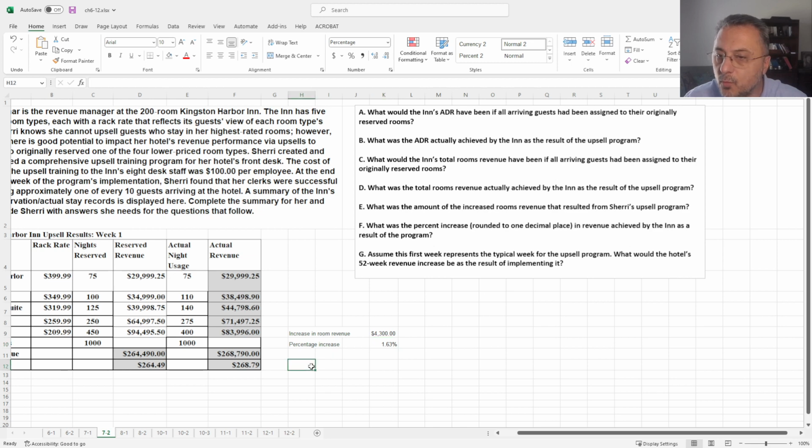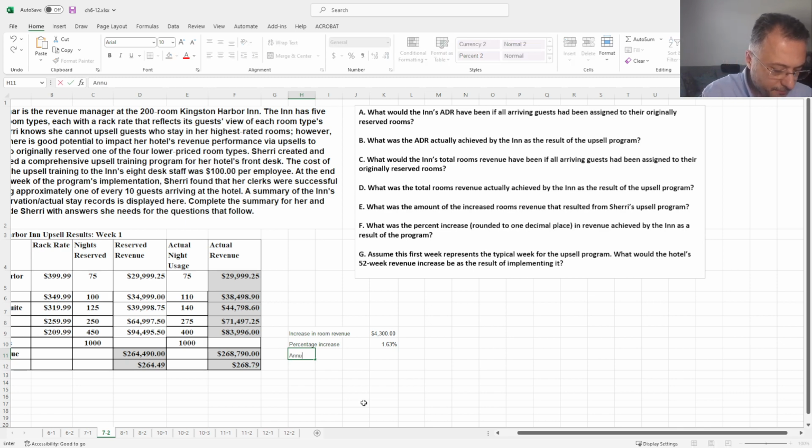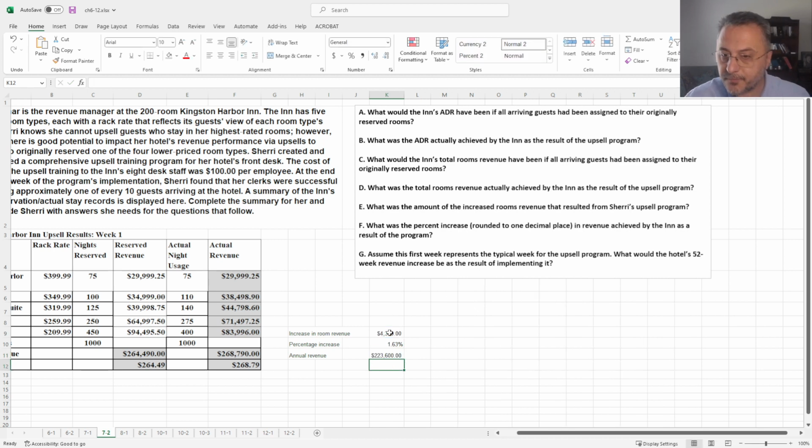Now, the last question asked about the first week's representative data. Okay, first we calculated this as weekly data, right? So they are asking also what about the yearly annual revenue. What we are going to do is multiply these numbers by 52. Now, think about it here for a second.